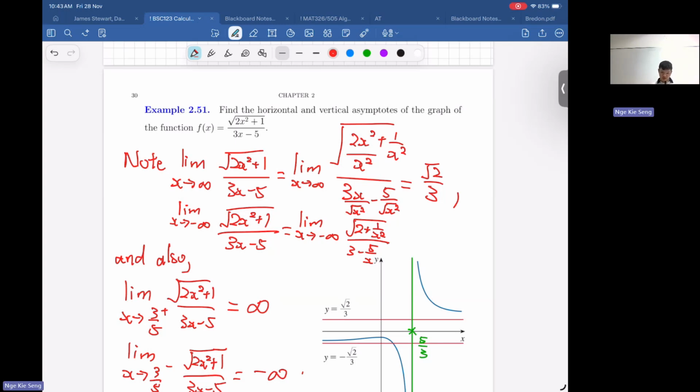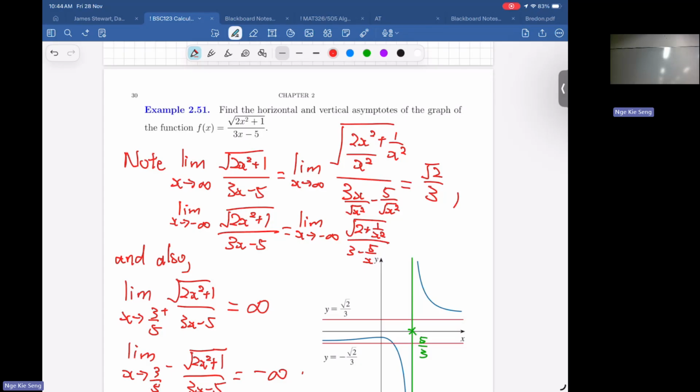Seems like this is not trivial. Is there another way to see this? Let me think. Can I bring the square root out? Maybe first, the square root of 2x squared plus 1 divided by 3x minus 5.